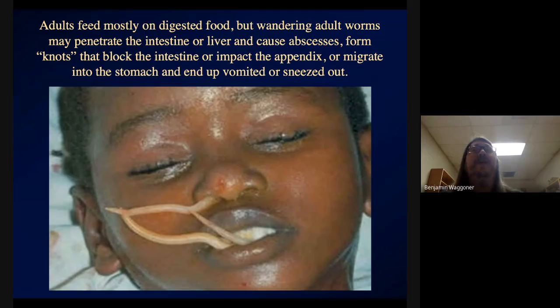Sorry, I should have warned you about this. The adults mostly feed on digested food. Unlike hookworms, they're not directly taking blood. But naturally, if you have a high rate of infection with Ascaris, it means that you're not getting the full benefit of the food you eat.